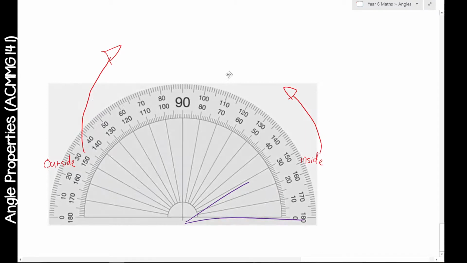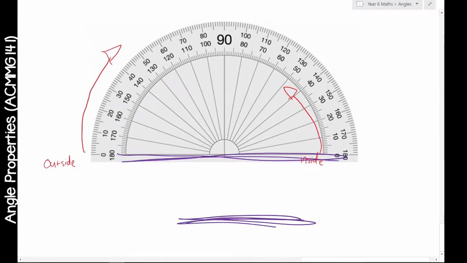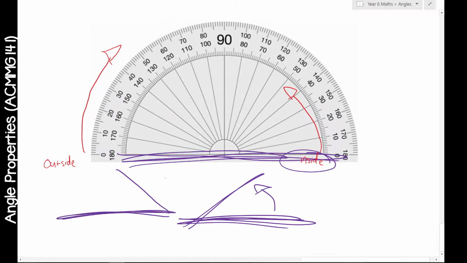So this bottom line right here always has to be on this bottom line. And if I'm measuring up to here, I'm going from here to here, so I'd have to be reading from the inside line, from right to left. If my angle was like this, I'd be measuring from here to here, so I'd be reading the outside line.